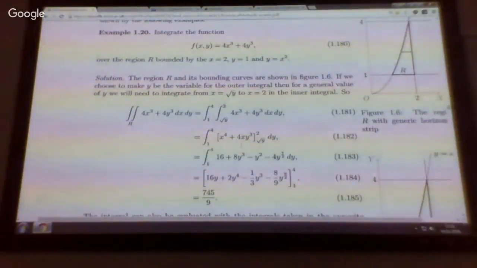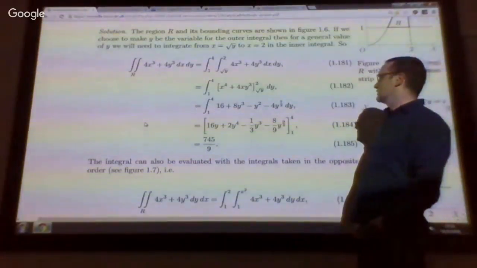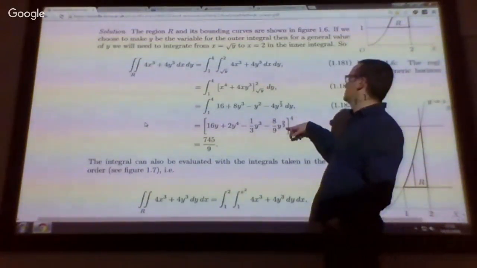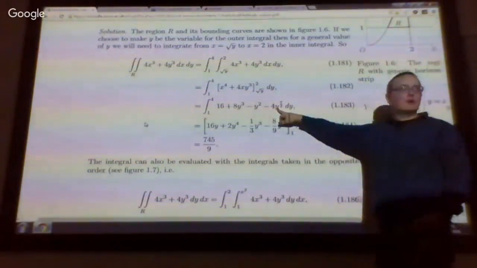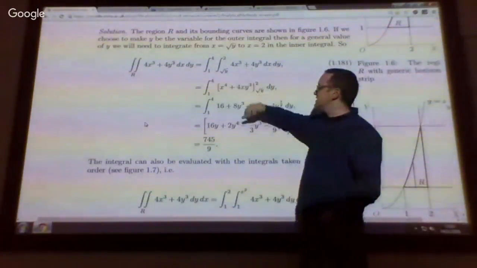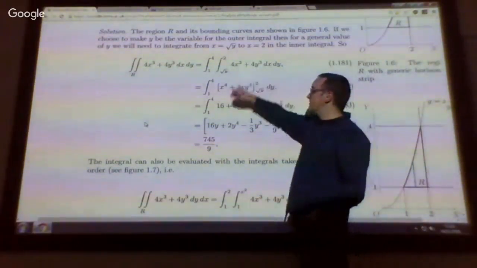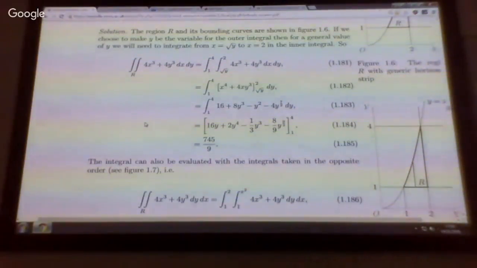So after making the substitutions and gathering like terms, well, there aren't really any like terms together, we end up with this polynomial in y here. And that's the inner integral completed. The inner integral is a function of y. It gives you the area of the cross-sectional slice through the cylindrical region, but at varying locations on the y-axis.